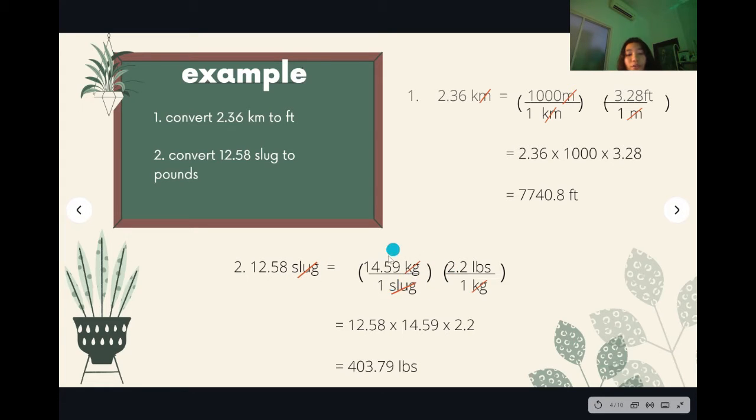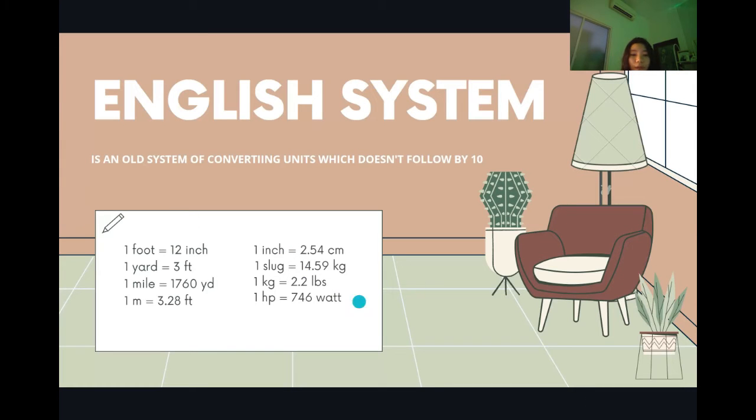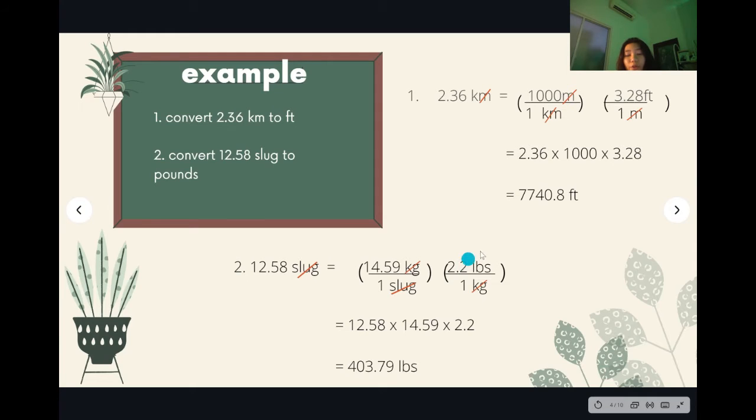Now we need to convert kg into pounds, so we use 1 kg equals 2.2 pounds. We write it as 2.2 pounds over 1 kg because we need to cancel the kg, which is why we put the kg under the pound. So we calculate 12.58 times 14.59 times 2.2 equals 403.79 pounds.